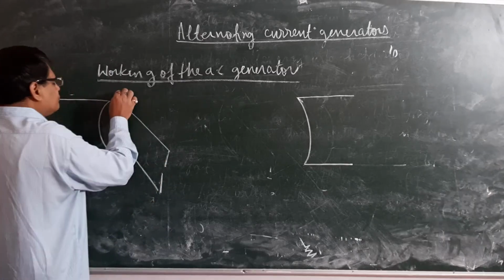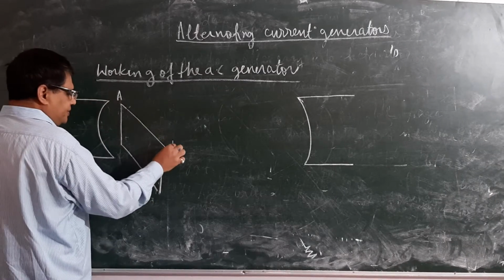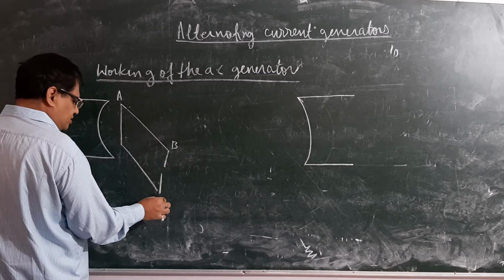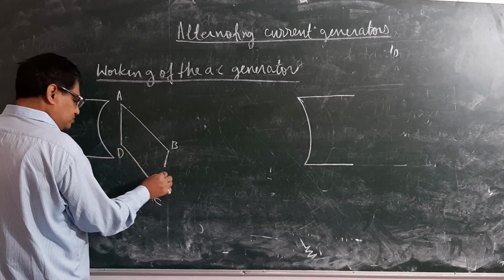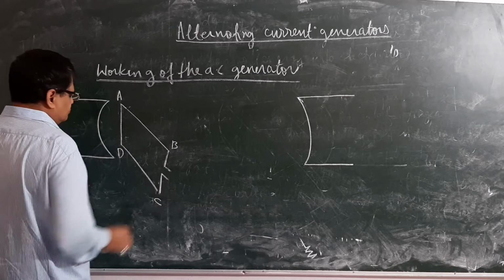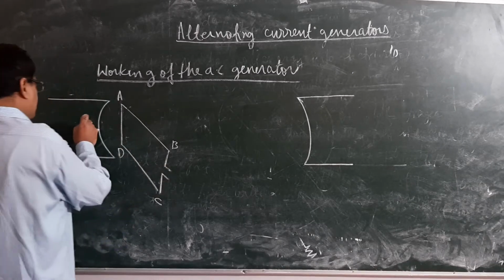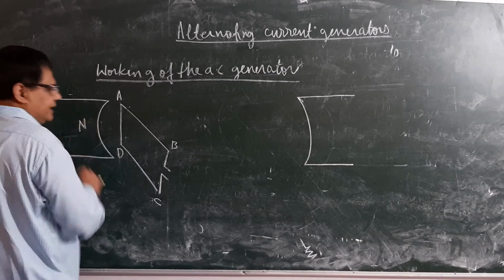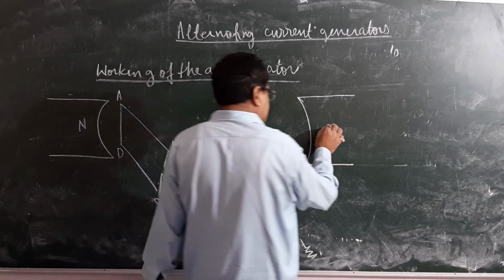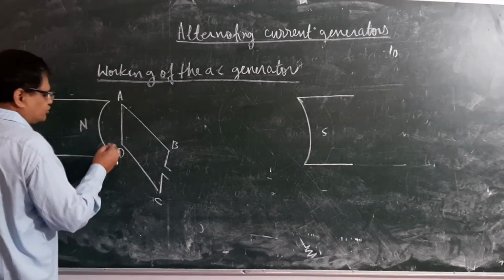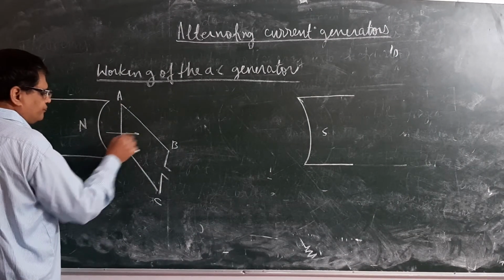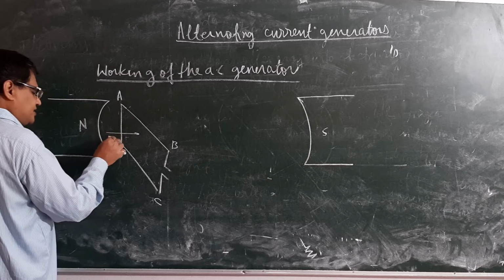Say this is the arm A, B, C, D. This is the north pole of the magnet and this is the south pole of the magnet. Direction of the magnetic lines of force will be along this direction.